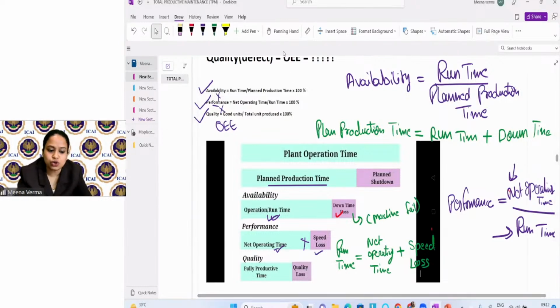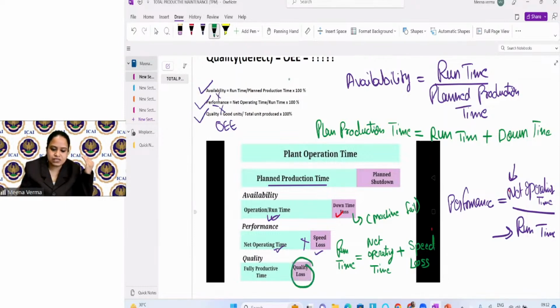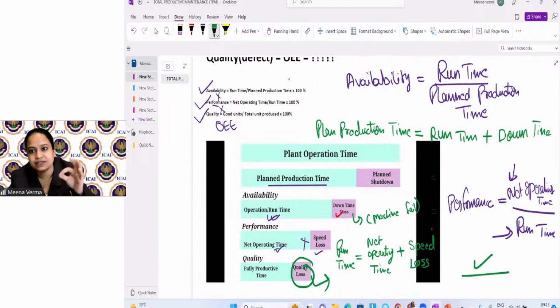The last one is good unit divided by total unit produced. So in last, you will see how much quantity we are losing, how many good units we are producing, right? From the total unit, remove the defective unit, you will get the good unit divided by total unit. So in this way, we have these formulas. Take a screenshot of this image because we will use it now to solve the questions.